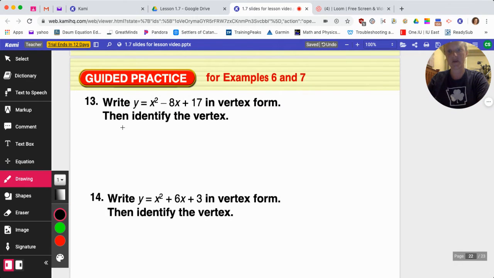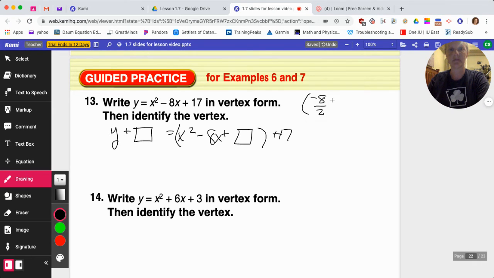All right, vertex form. See how I always do the same thing? All right, the box is negative 8 over 2 squared. So we're going to put negative 4 squared. Negative 4 squared is 16.